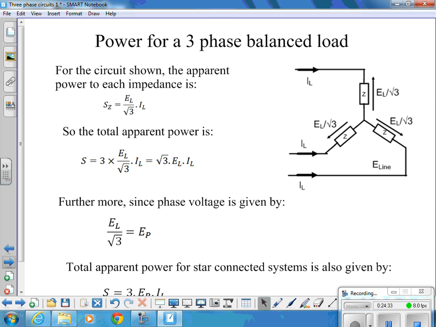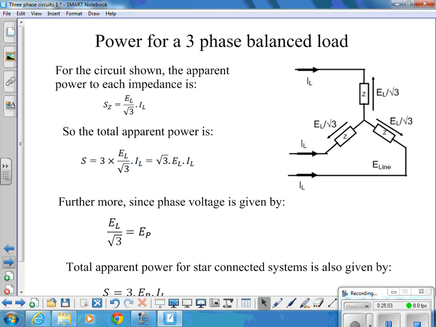For a balanced system, the total power must be 3 times that: 3 times EL over √3 times IL, and 3 over √3 is equal to √3. Therefore, the total power is √3 times EL times IL for a three-phase star-connected system.